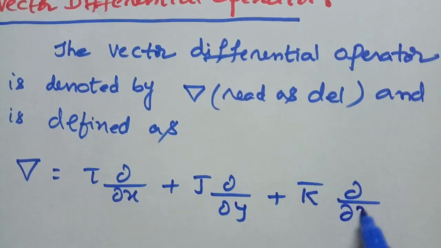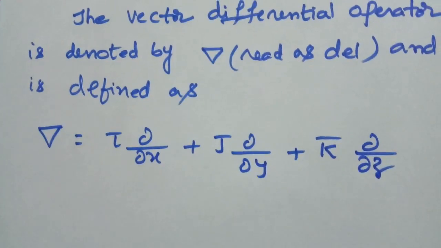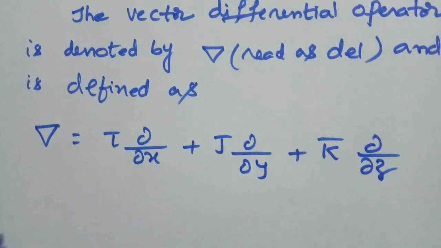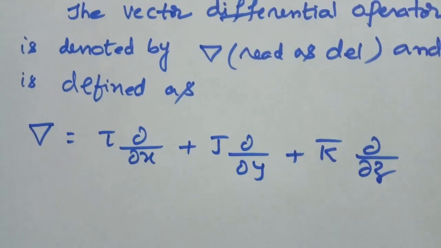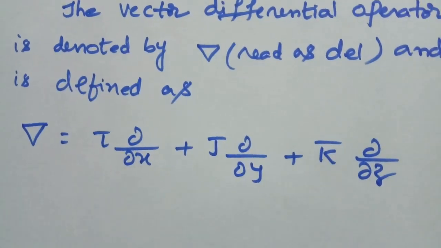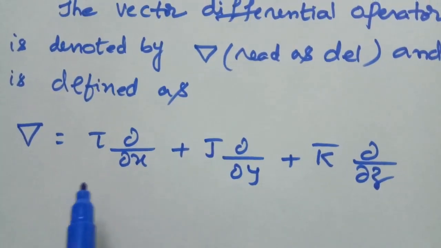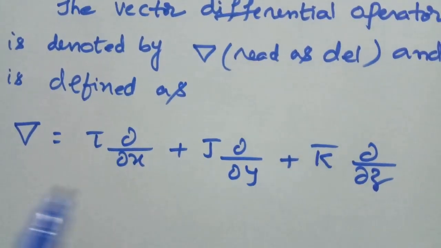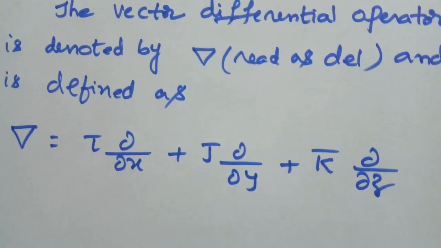Operator means it has to operate on some function, either a scalar quantity or a vector quantity. Why are we calling it a vector? We know that i bar, j bar, k bar are there. This is a vector quantity; it has both magnitude and direction.